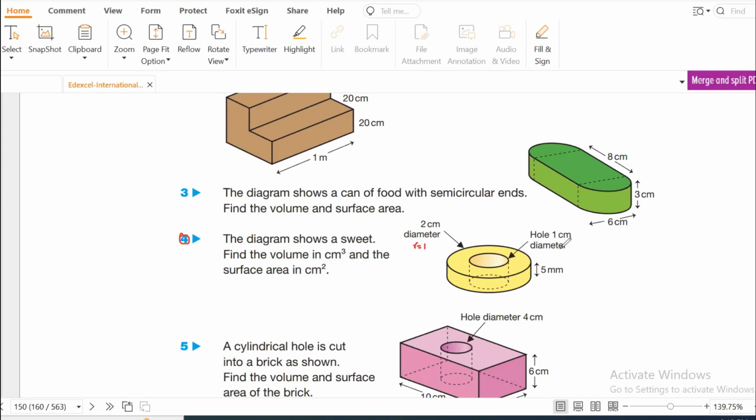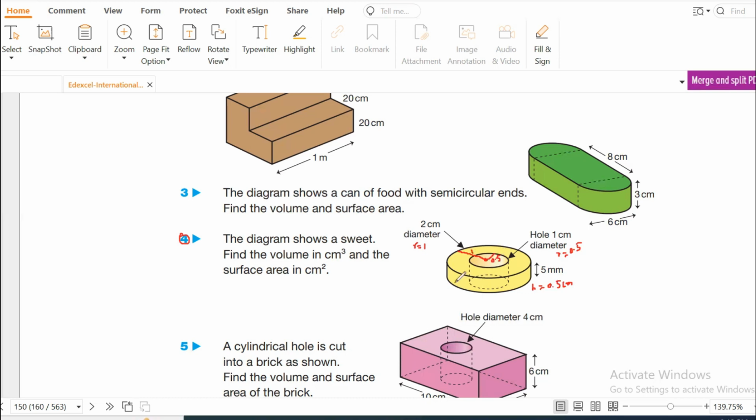The diameter of the inner part is 1, so the radius is 0.5. Here we need the height in centimeter, that is 0.5 centimeter. This part is the radius which shows the outer part, that is 1, and this part is 0.5.